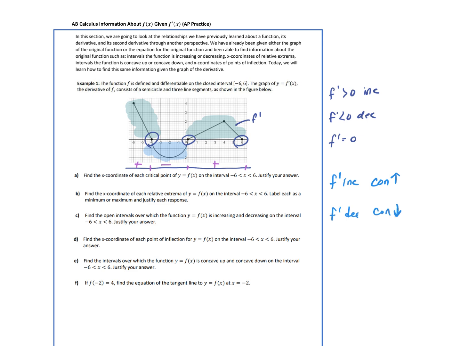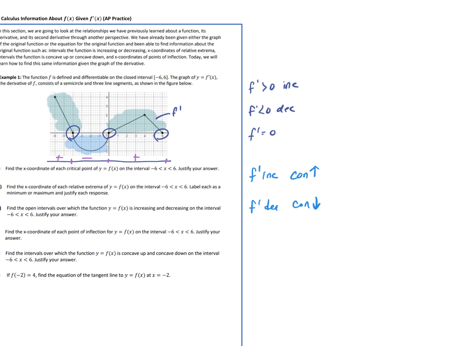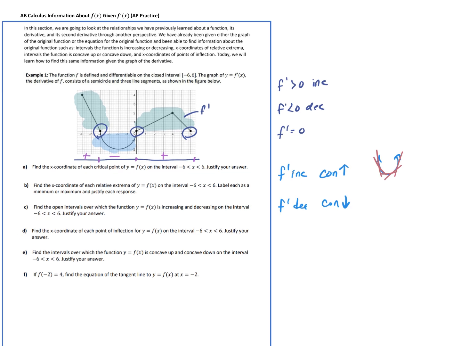That's an important connection you need to make. The AP loves to ask concavity with respect to f prime. So that's concave up. If you look at this, f prime, meaning the slope, is increasing. So it's negative, less negative, 0, positive, more positive. That's a really important definition.